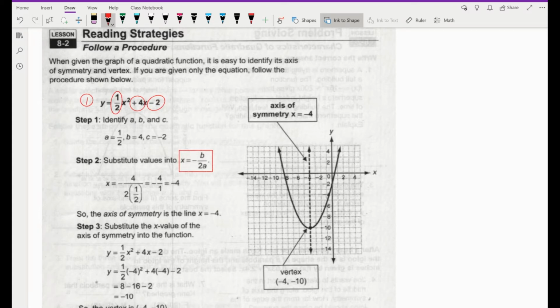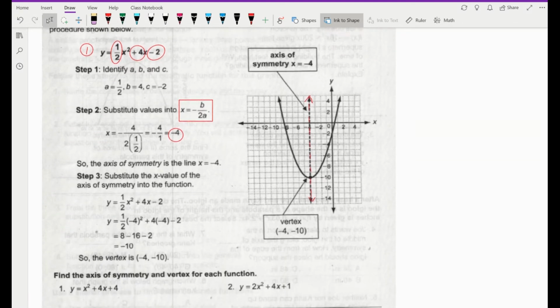Once we have x and y, we have the vertex. In this example, they solved for x with negative b over 2a, and they got negative 4. And here is the line x equals negative 4. It passes through. Now they plugged the negative 4 back in where the x is, here and here.